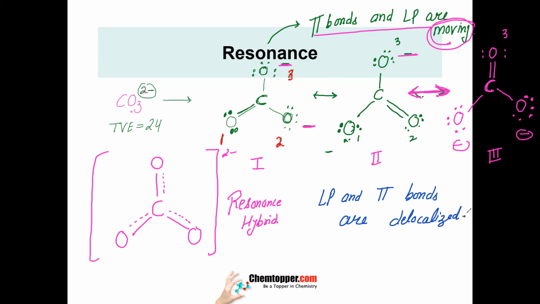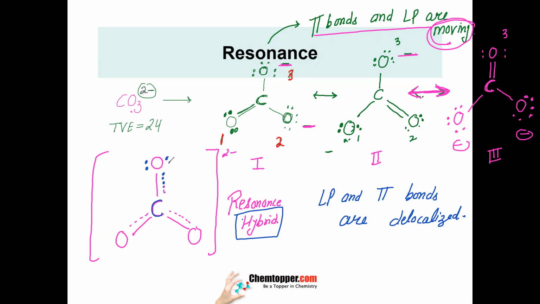Delocalized means, localized means fixed. Delocalized means they can move here and there. I'm located here means I'm living here. But if I move from my location to some other place, I'm delocalized, right? So delocalized, English word. And this is the resonance hybrid, where each carbon is partially doubly bonded with the oxygens.